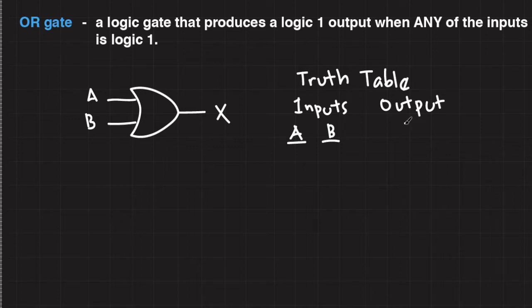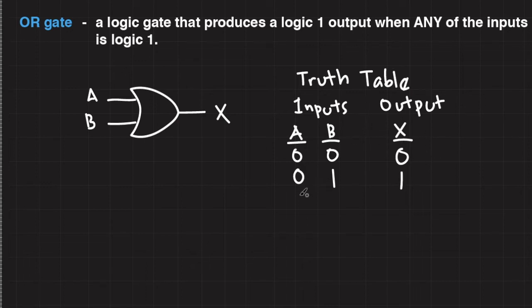Its output is X. So if both A and B are logic 0, based on the above definition, its output is 0. And if A is logic 0, while B is logic 1, since one of the inputs is 1, then based on the definition above, its output is 1.